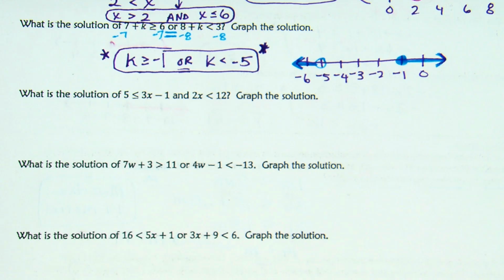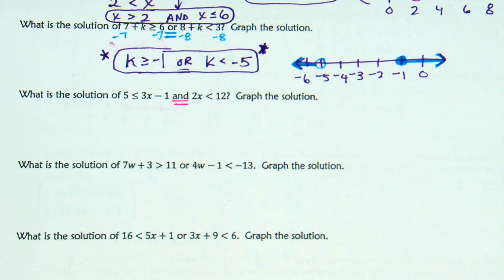To get x by itself, we're going to divide by the 3. 6 divided by 3 is 2, less than or equal to x.